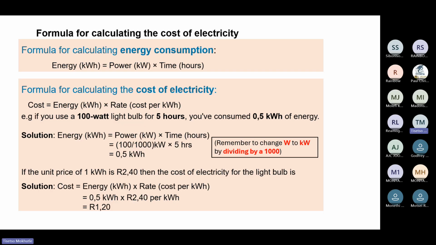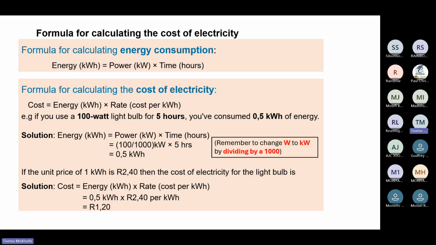For example, if you use a 100-watt light bulb for 5 hours, it means you have consumed 0.5 kilowatt hour. Let's see it in the calculation. It is 100 watt.